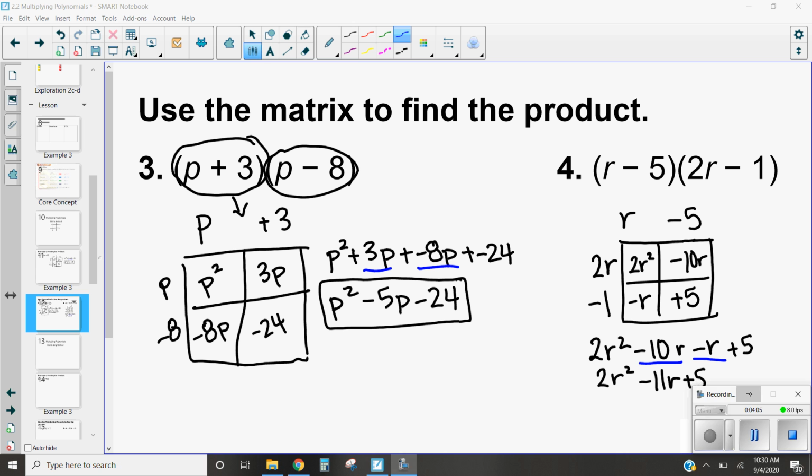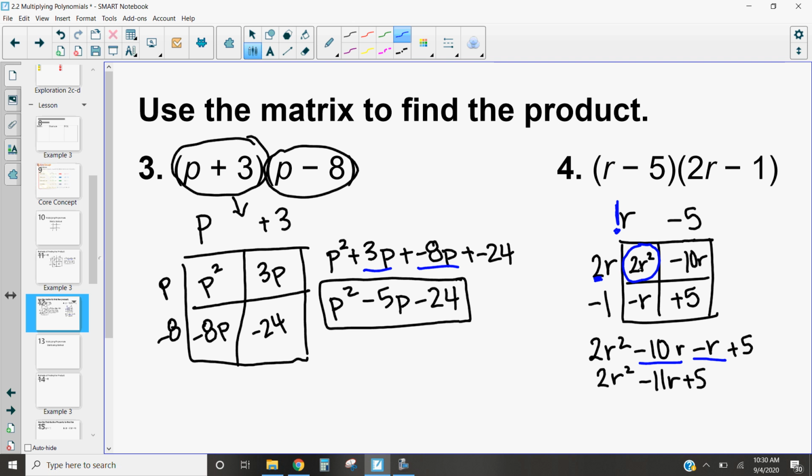Okay, hopefully you were able to work through that problem. The biggest mistake that I see when people are looking at problems like this is when we're trying to calculate this term right here. Remember, if I have 1r times 2r, what I'm going to do first is multiply my coefficients, so 2 times 1 gives me a 2, and then I multiply my variables.